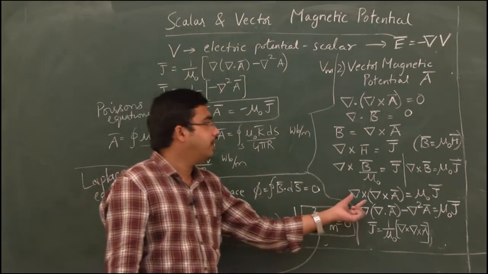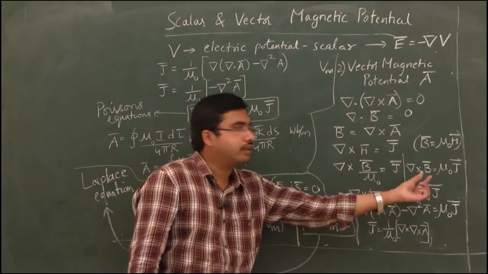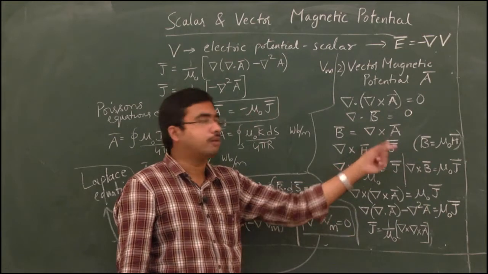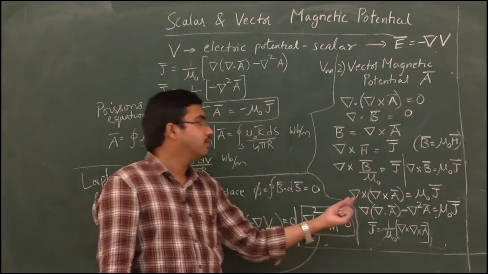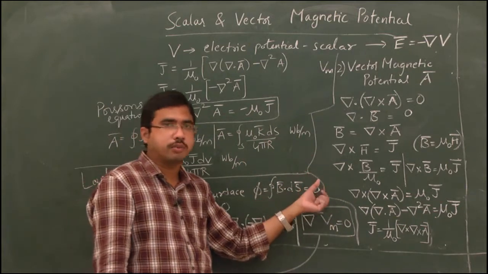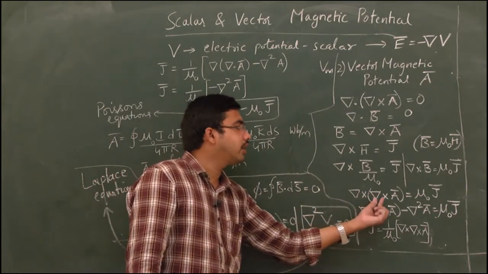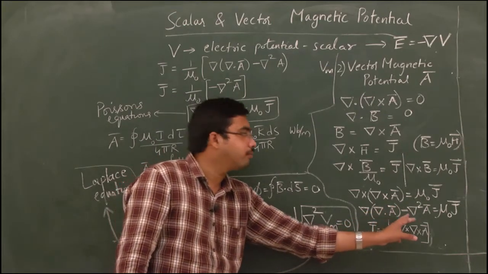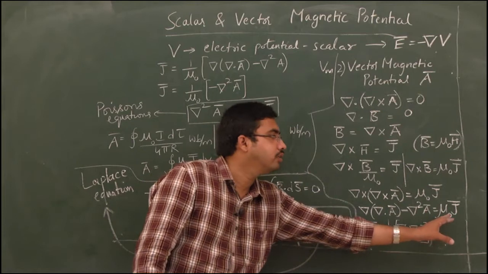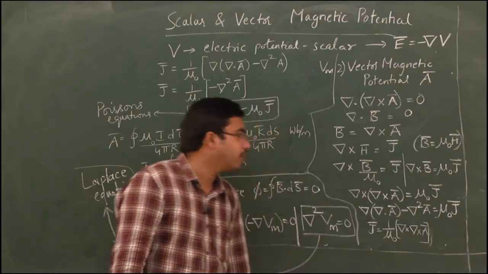Okay. So from here, del cross B bar, in the place of B bar, again what can you substitute? Del cross A bar, that is equal to mu naught into J bar. So from our previous formulas in our previous sessions, del cross del cross A bar can be written as del into del dot A bar minus del square A bar is equal to mu naught into J bar. Okay.